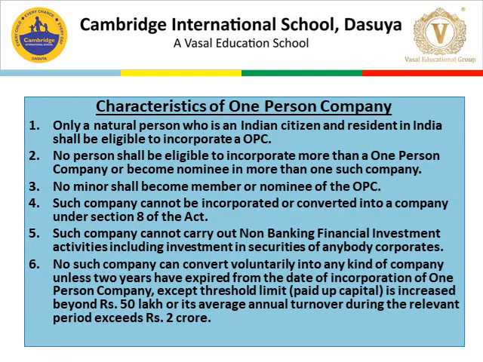Following are the characteristics of one person company. Number one, only a natural person who is an Indian citizen and resident in India shall be eligible to incorporate an OPC. It means you should be a natural person first, then an Indian citizen residing in India, not residing outside.